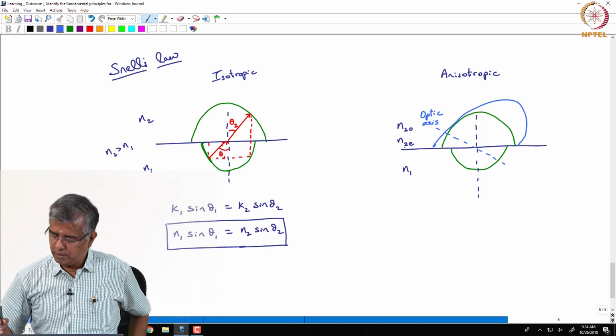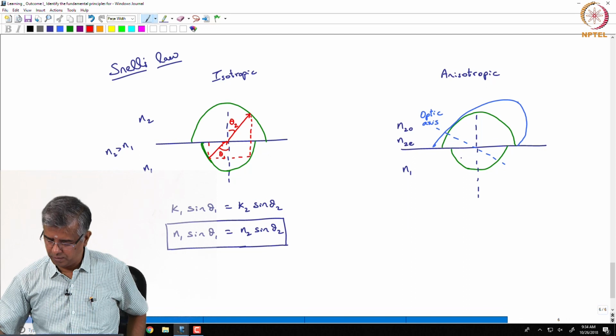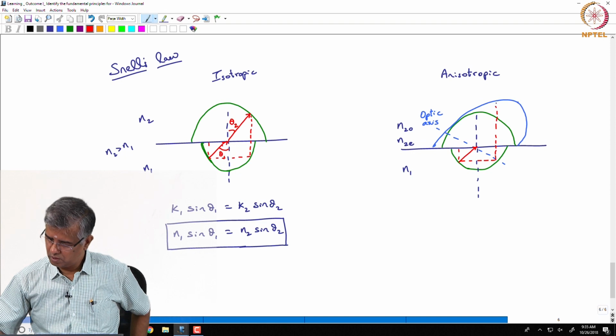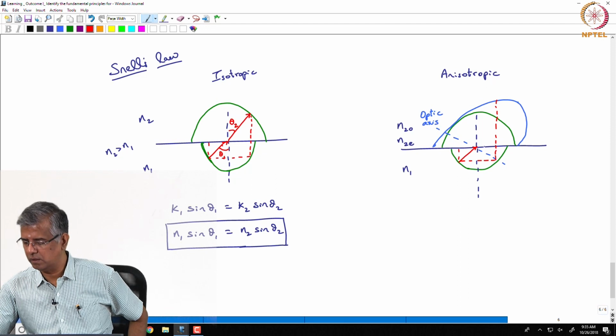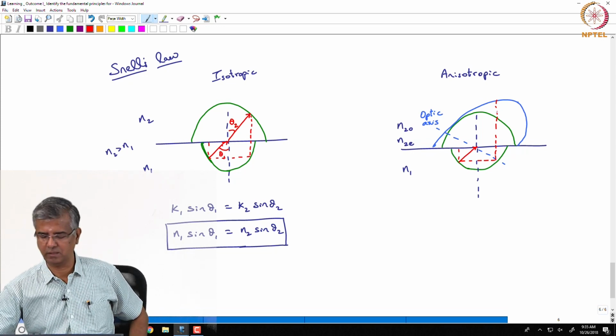So, in this case, if you do the same thing that we did before, you have basically a wave that is incident to this material. So, you project the tangential components, and you find that it meets this phase front at two different points in two different directions.